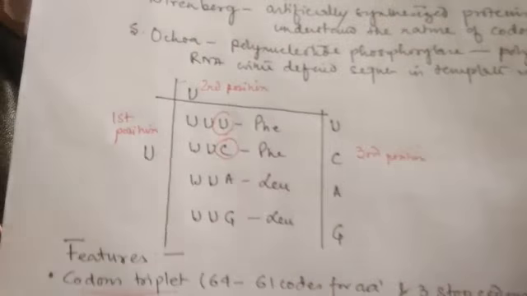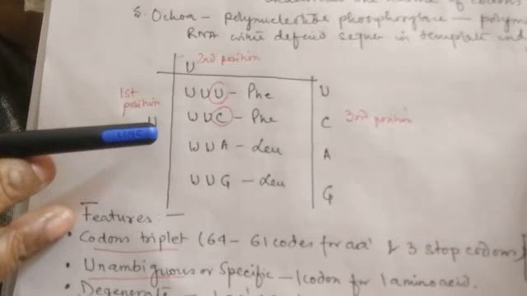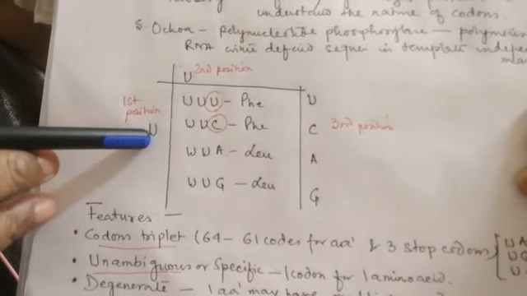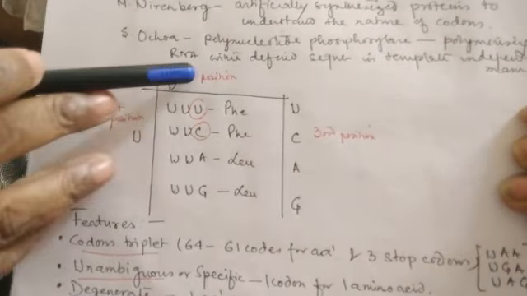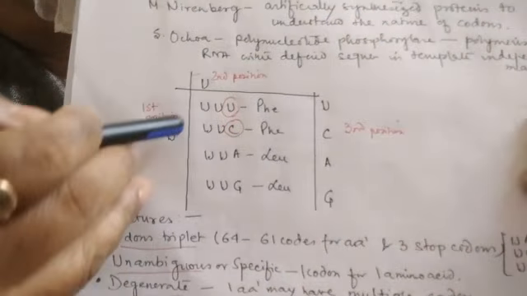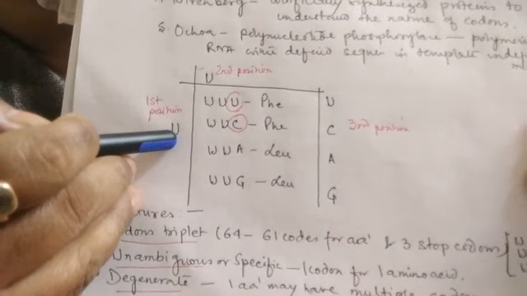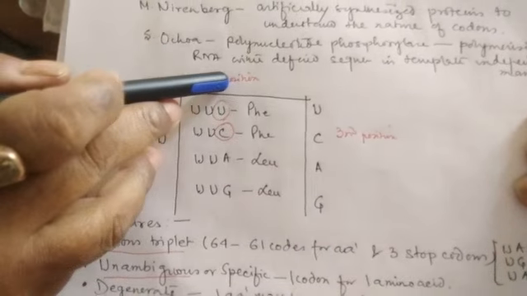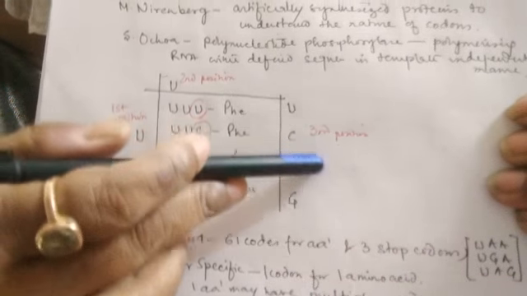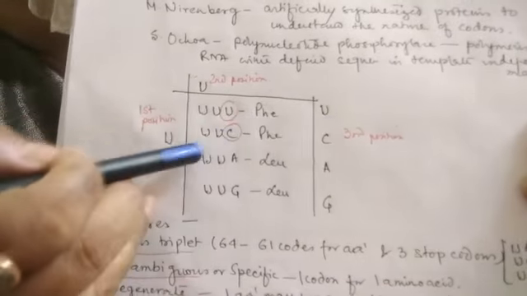Now, so this is a single part that has been elaborated. You can see here, 3 nitrogen bases or 3 nucleotides. This is one of the nucleotides, this is another nucleotide, and this is the third nucleotide. So this is the nucleotide which will be in the first position. Clear? This is the nucleotide which will be in the second position, and this is the nucleotide which will be in the third position.